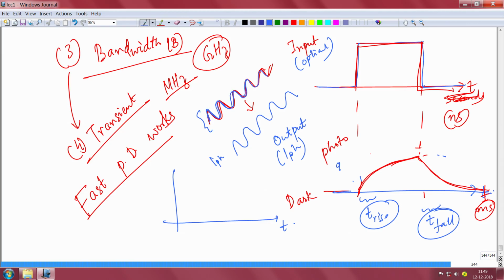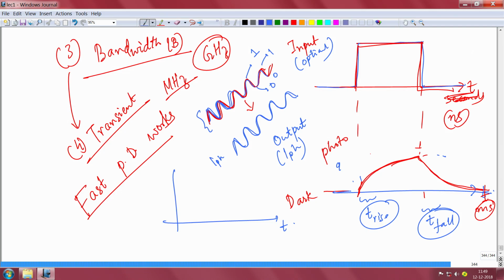Suppose on is a digital 1, off is a digital 0, 1, 0, like that, right? So you have to send a signal. That means there has to be a light source like an LED or laser diode which can switch on and off very fast. So 0, 1, 0, 1, whatever. On the detector side of the fiber optic you also need a photodetector in infrared that will be able to respond to that so fast, on and off. Only then you will be able to get all the digital data, which constitutes your internet, your Facebook, everything, right?